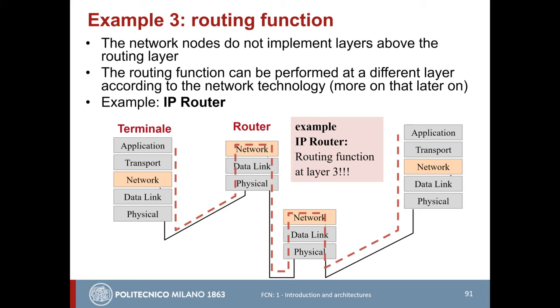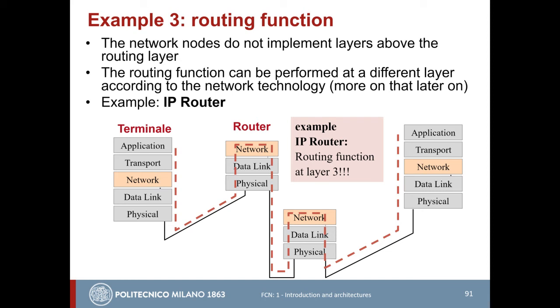So the IP packet is processed in the network layer, and the main function is to find what is the next router or the next interface where to release this packet. And this is repeated until the packet reaches the destination, that is again a host. In this case, at the destination, the network layer releases information to the transport layer and to the application layer, but not before.